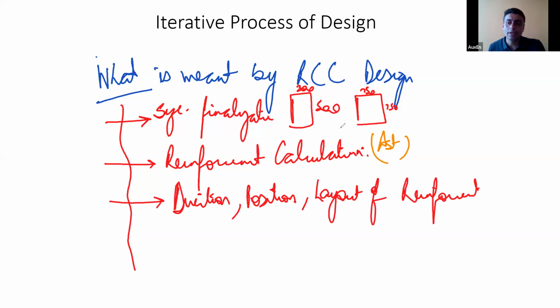You need to understand in which direction you are going to place it, what shall be the position, which face it will be, what shall be the layout, what shall be the bar arrangement. All those things you need to be able to calculate, and that is also a part of my RCC design. What else do you want to do?